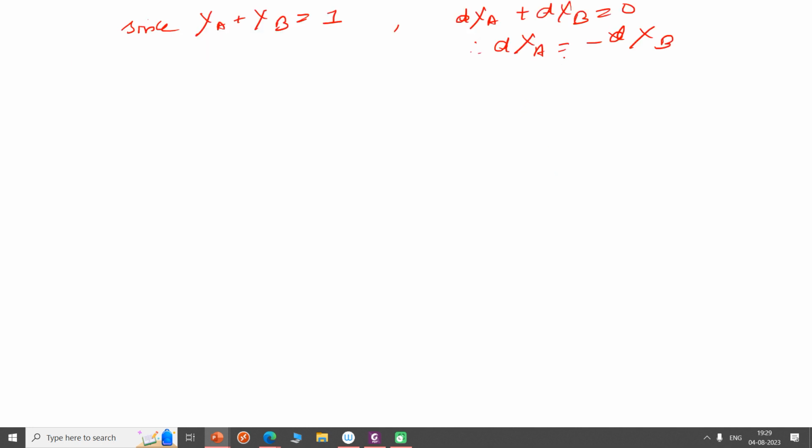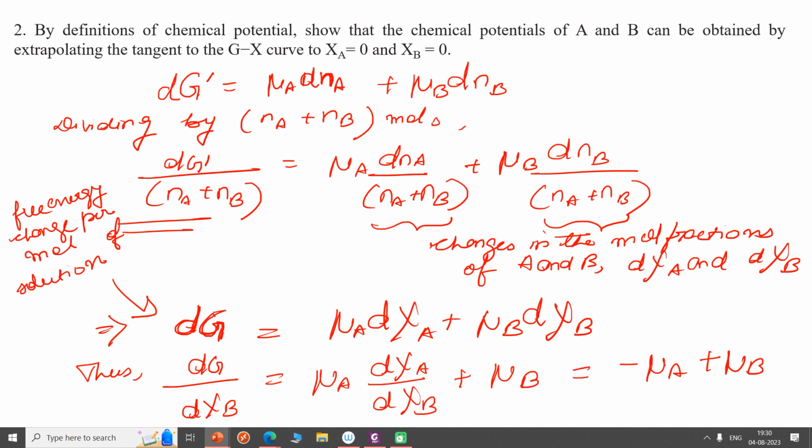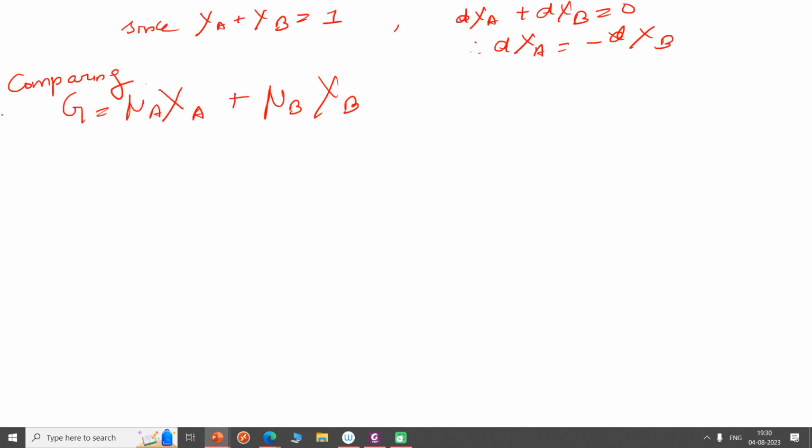And we also know that G is equal to χA μA plus χB μB, right? So comparing with this, from this I can get μB is equal to (G minus μA χA) by χB.